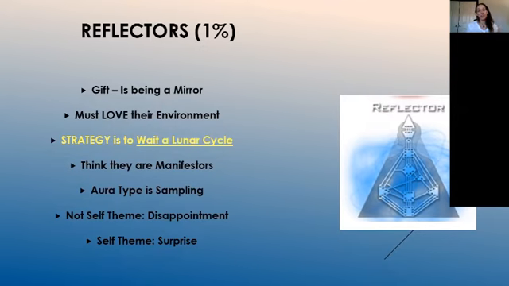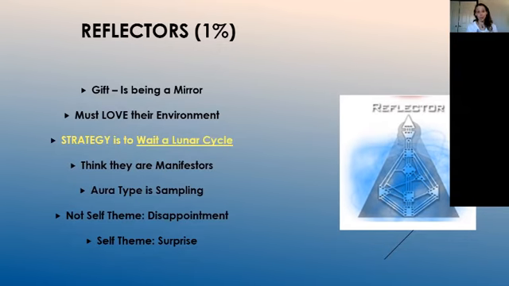And they're also a type that needs to remember they're not manifestors. They can just really get a sense of disappointment when things around them just aren't in harmony or having a vital energy flow.